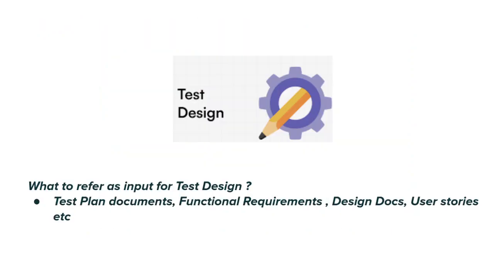And what inputs can we refer to for the test design phase? Obviously, the functional requirement specification document and the test plan document. In the previous phase we created the test plan document, which can also be used as an input to the test design activity. Along with that, we can have user stories and any design documents.